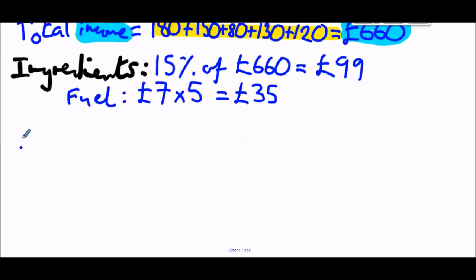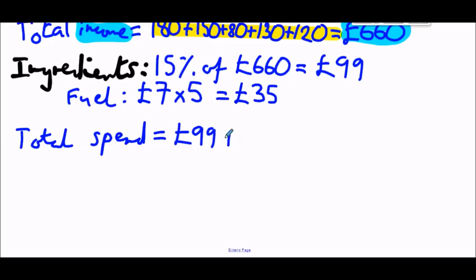So his total spend, what he spends, money going out, is what he spends on ingredients, which is £99, plus the £35 he spends on his fuel.